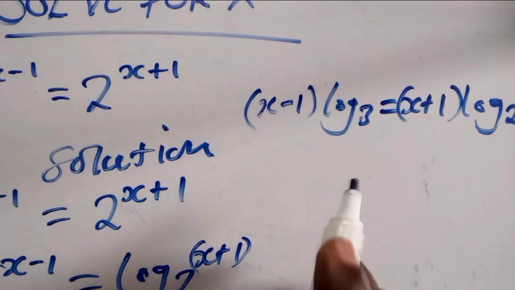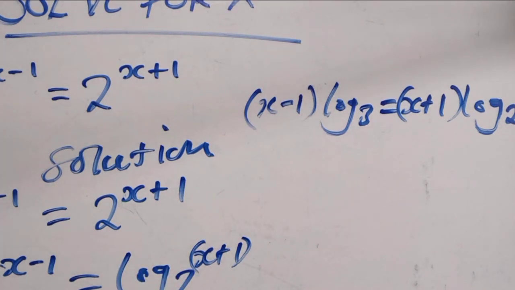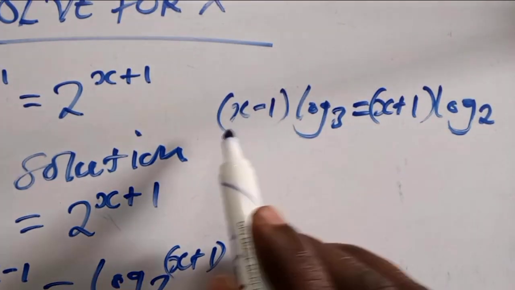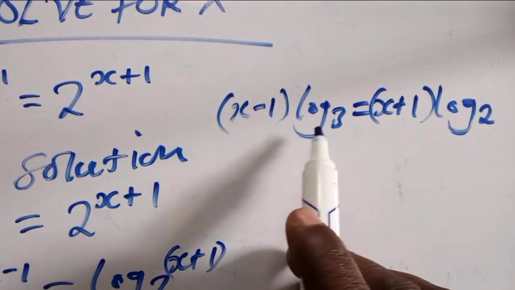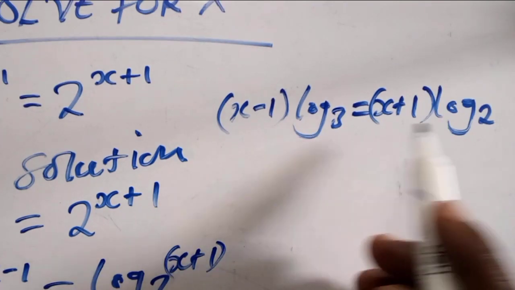Now, if you reach at this stage, don't make a mistake by dividing throughout by log 3 and log 3.